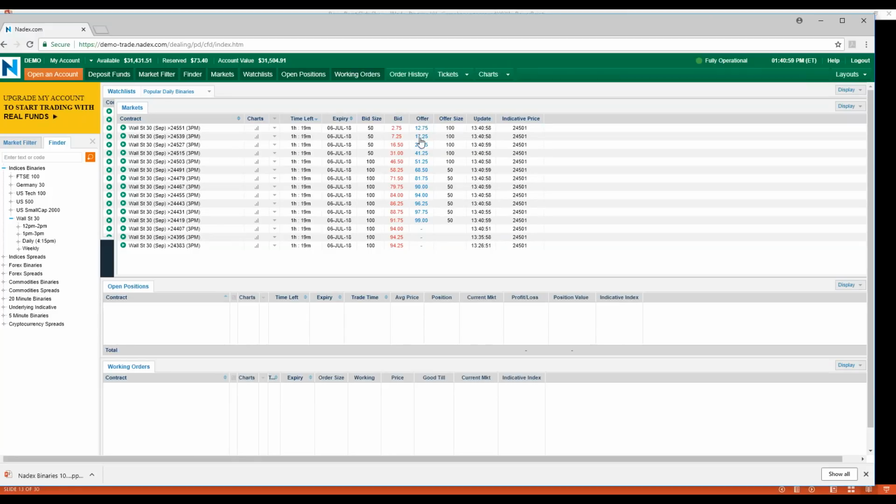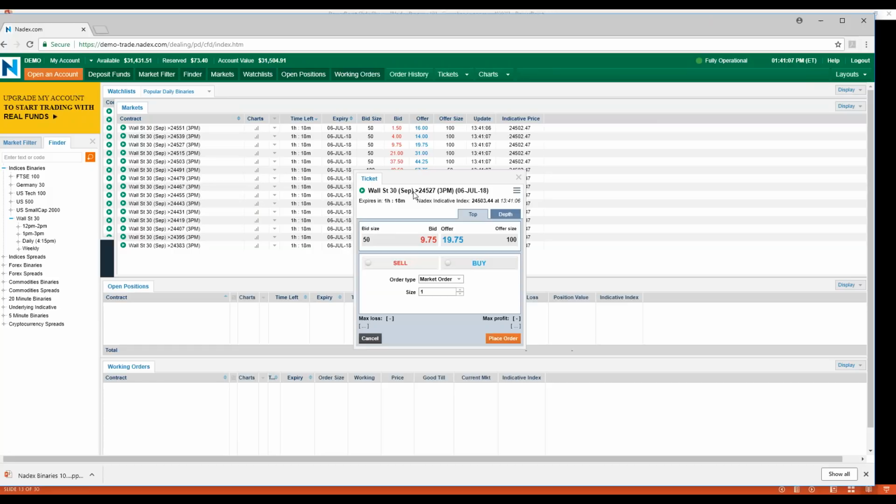Right here, offer side is the amount we buy for, correct? If I want to pull up this binary right here and open this contract, and I say I want to buy one contract, and I click it, boom. What does it say right here?